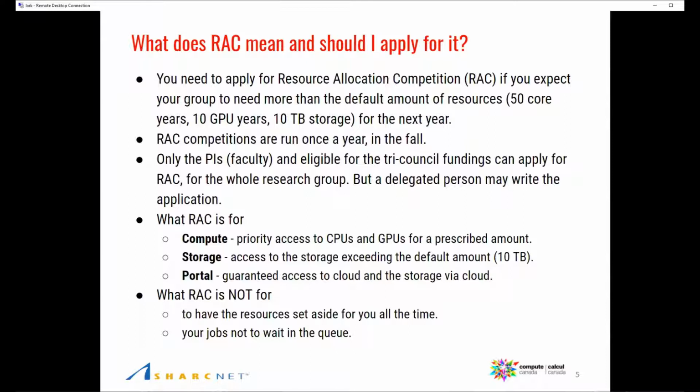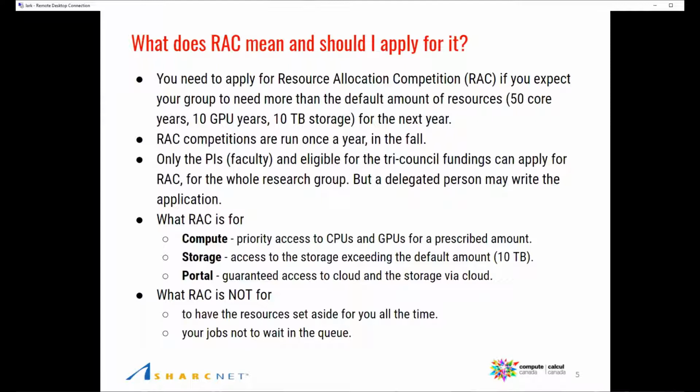So what does the RAC, or resource allocation competition, mean, and should I apply for it? You need to apply if you expect your group to need more than the default amount of resources.